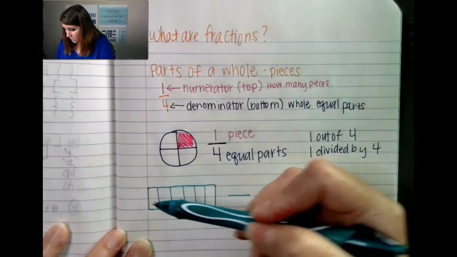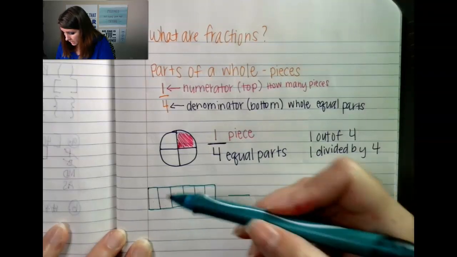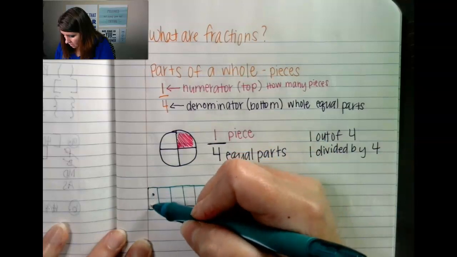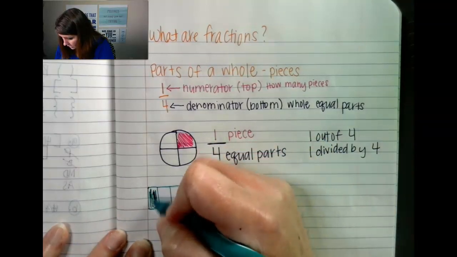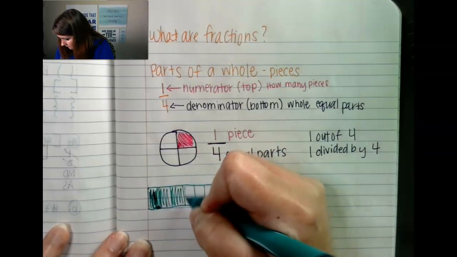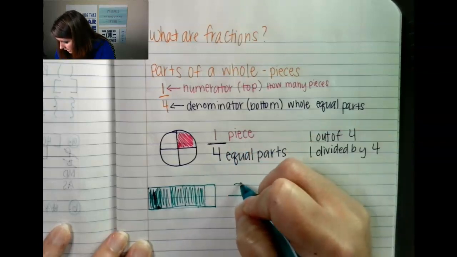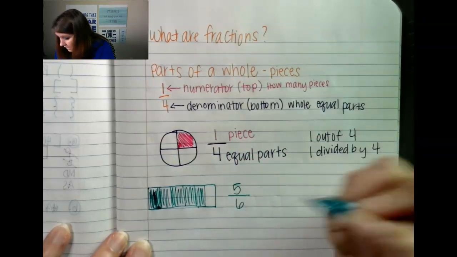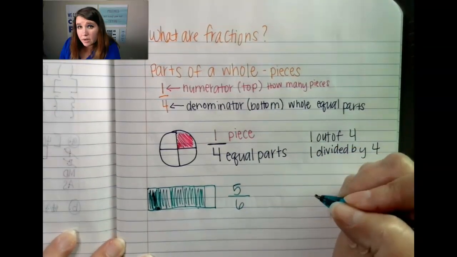So I have 1, 2, 3, 4, 5, 6 equal pieces. And there are, my pen exploded. 2, 3, 4, 5. Okay, so let's say I have 5 out of 6 colored. So 5 out of 6 are colored.